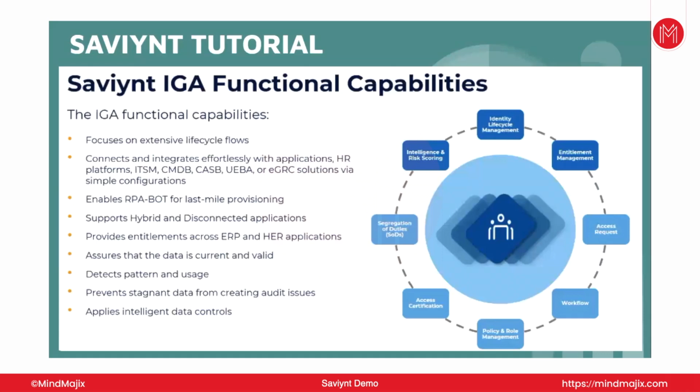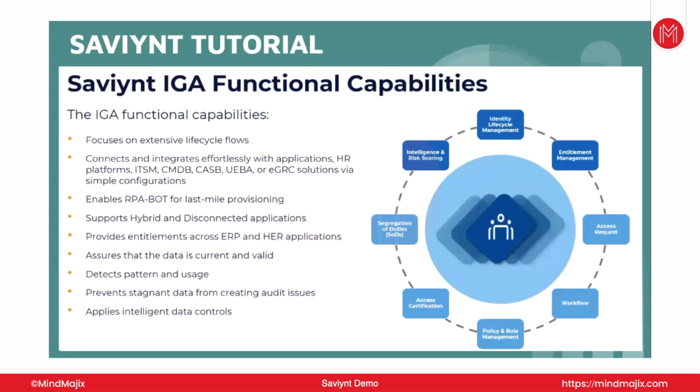His account will be deactivated and all the accesses will be removed, and that identity will be kept as a record in the system for some months or maybe a year, depending on the organization's retention period. According to the organization's principles, it will be kept for some time, and after that cooling period, it will be deleted. So that is the whole life cycle, how it works.